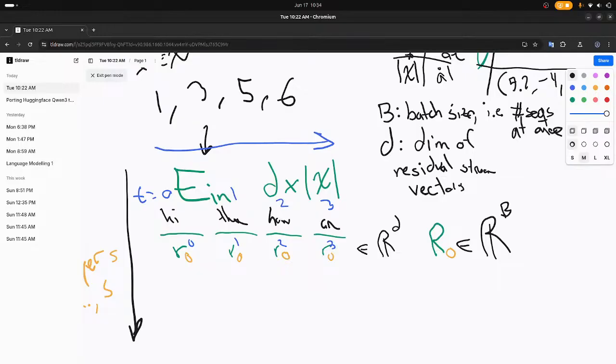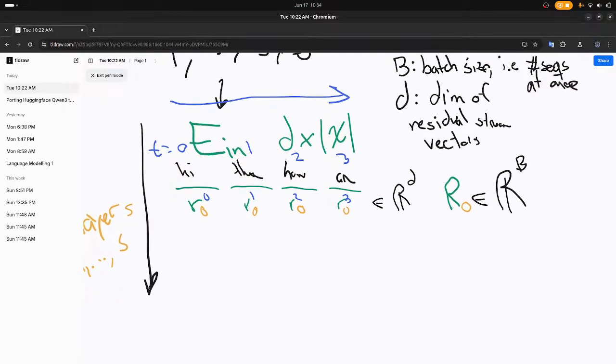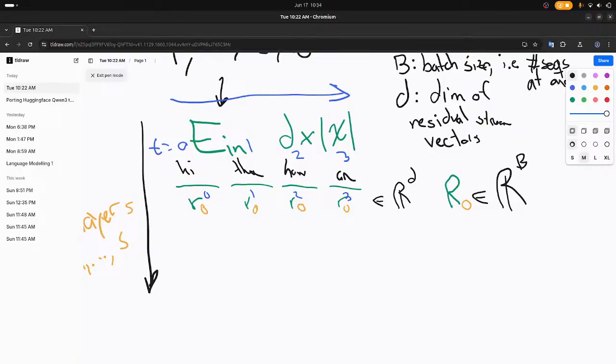So I will not just send one sequence through, I will send multiple, but this is not something you have to think about. Just think of it as a single sequence. And then we will have T vectors, and each will have a dimension D. Great.